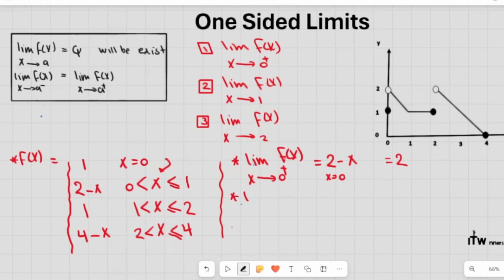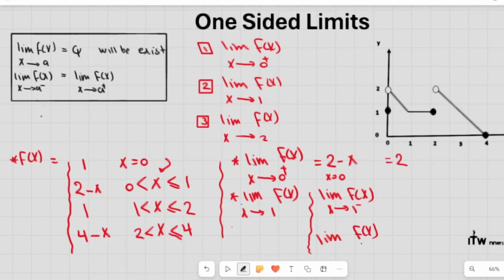Okay, the limit of f of x when x approaches 1 is defined on two intervals, so here I will find the limit of f of x when x approaches 1 negative, and here the limit of f of x when x approaches 1 positive.